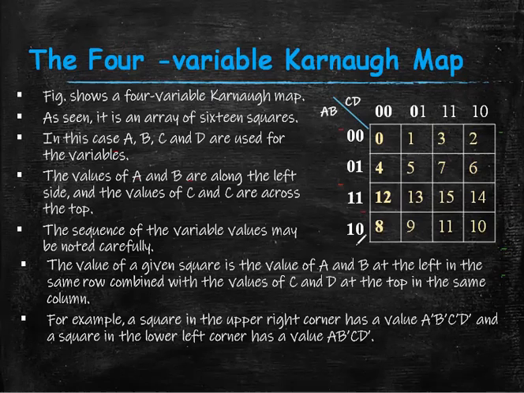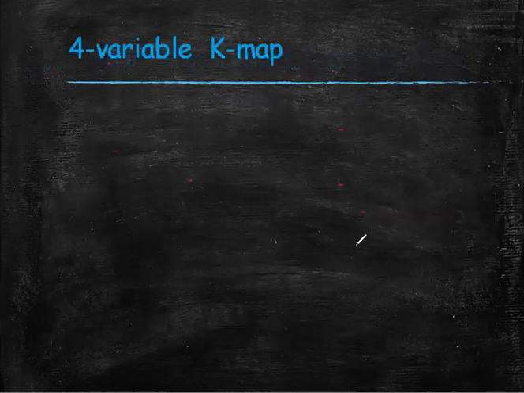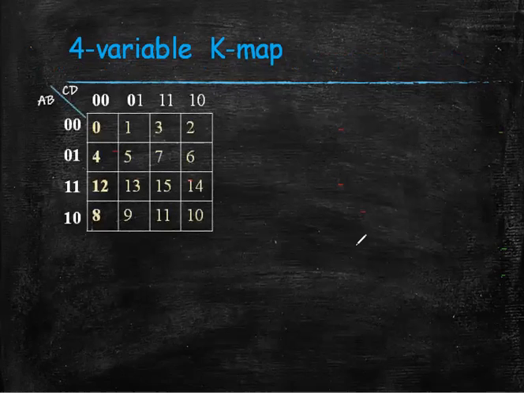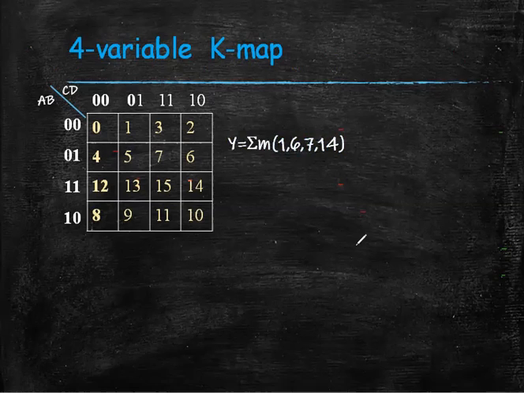Now we go to a 4-variable K-map example. Here in the figure, the positions are represented, and we consider a SOP, that is sum of products, of 1, 6, 7, and 14.